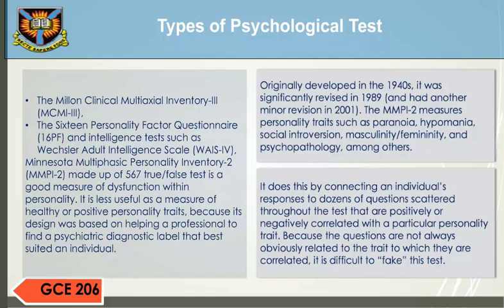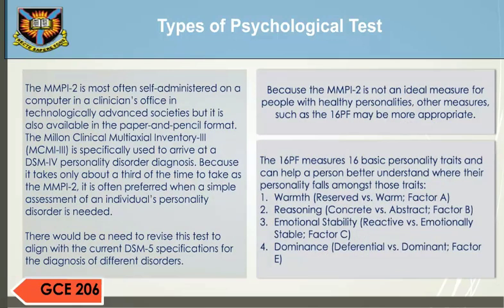Because the questions are not always obviously related to the traits to which they are correlated, it is difficult to fake this test. The MMPI-2 is most often self-administered on a computer in a clinician's office in technologically advanced societies, but it is also available in the paper and pencil format.